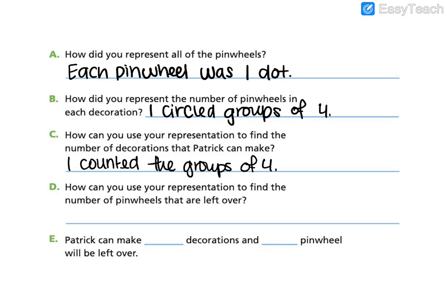I didn't count each individual pinwheel, I counted the circled groups of 4 to show me how many total decorations were made. Then letter D asks us, how can you use your representation to find the number of pinwheels that are left over? Well, we're looking for which ones were not circled, which ones did not have enough to be in a group. So we can count our dots not in a group.